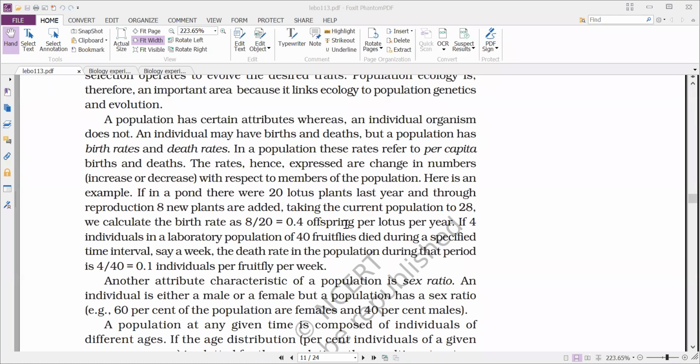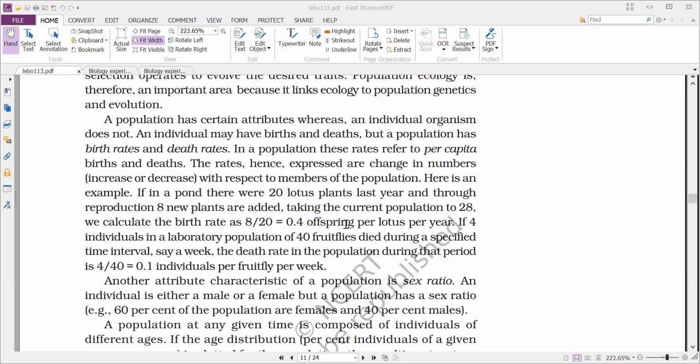For example, an individual has a birth and a death, but a population has a birth rate and a death rate. We don't have birth rate and death rate with an individual, but the population will have them.